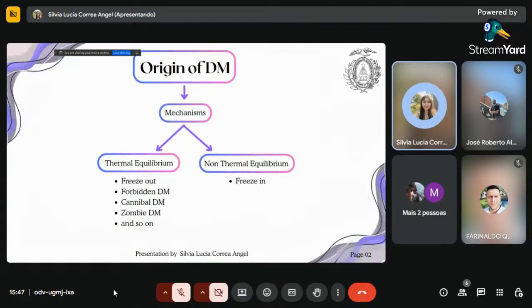So it doesn't have time to reach thermal equilibrium, and it accumulates the production, even if the interaction is weak, to achieve the correct abundance, which is the abundance I showed in the previous slide.